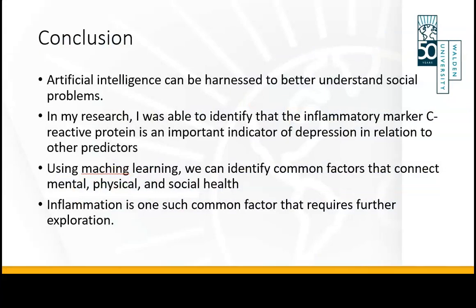And what our aim here is to understand precisely some of these common factors which combine mental, physical, and social health in order to create changes in policy and changes in how medicine and mental health and all of these are served to the community.